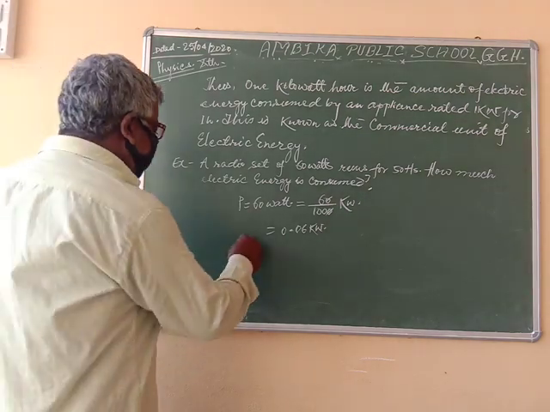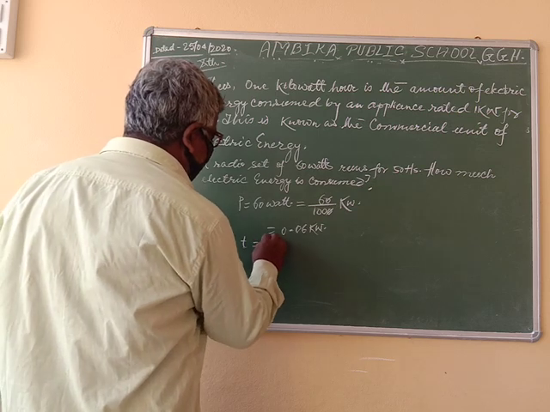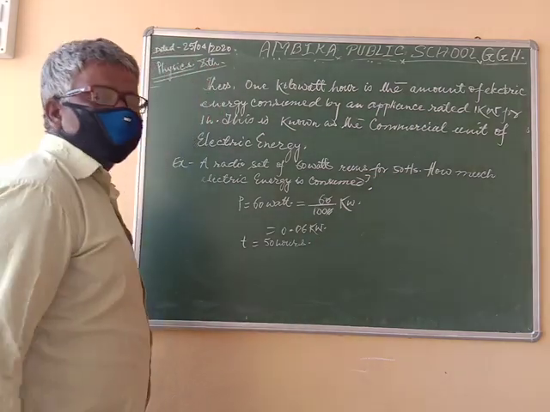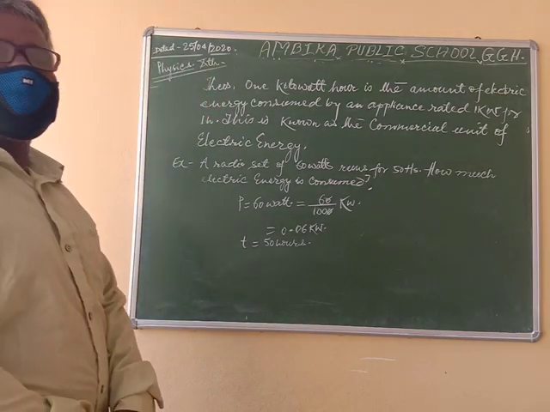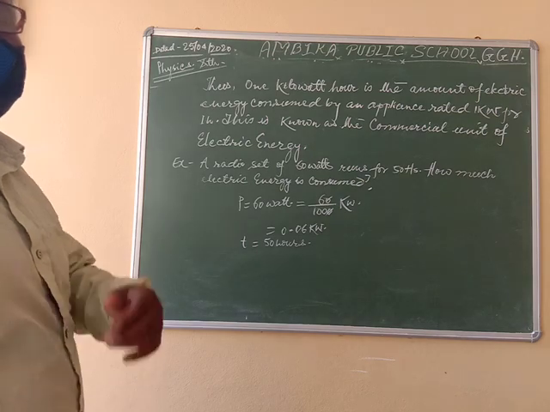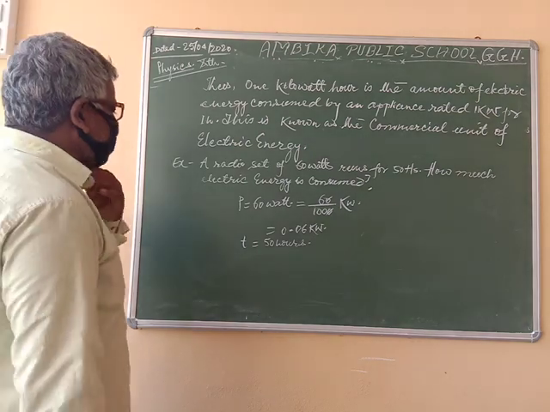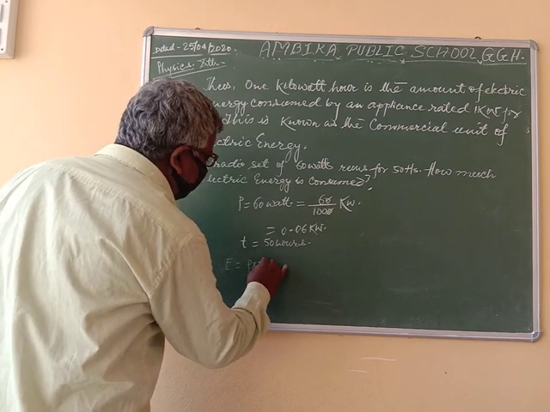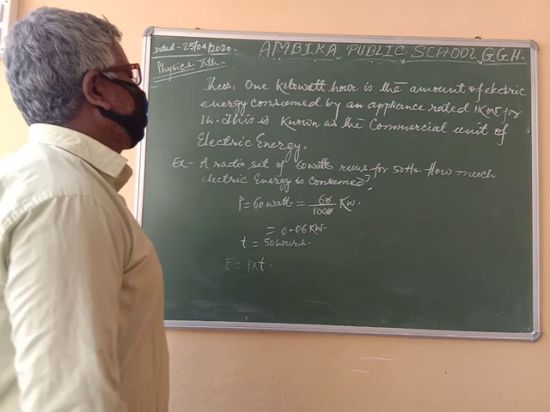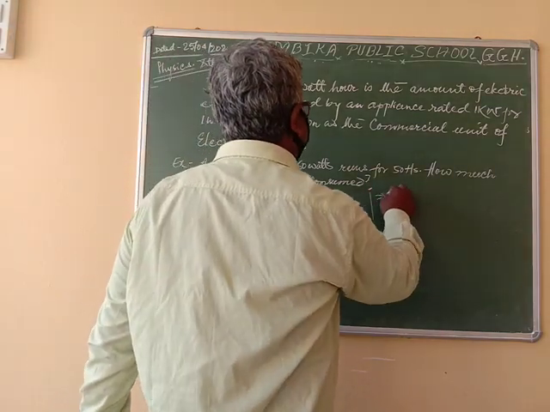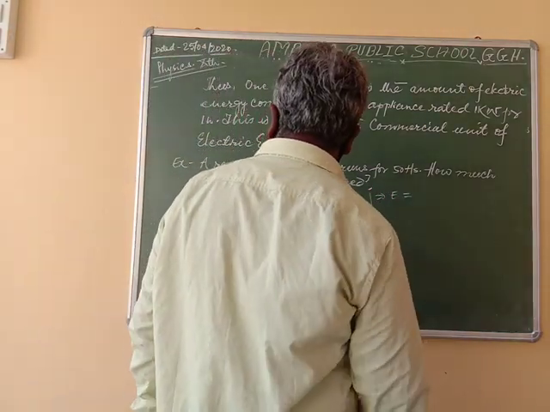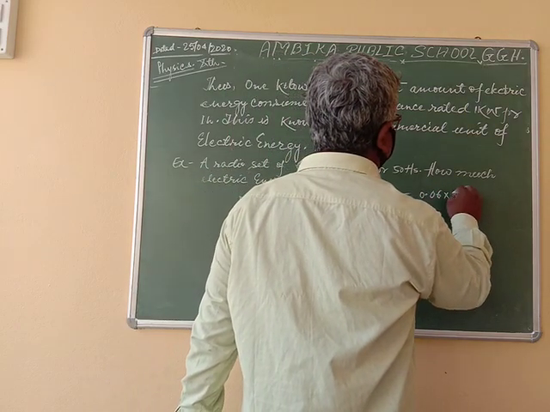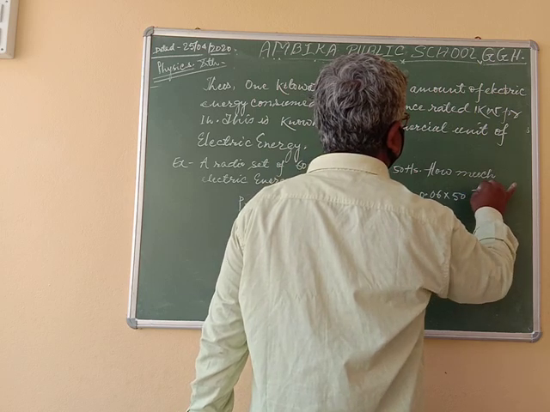And T for time is 50 hours. Then electric energy is equal to P into T, which is 0.06 into 50.